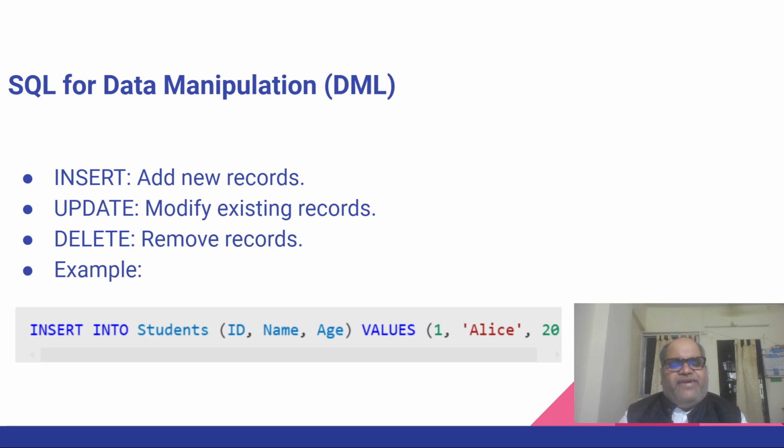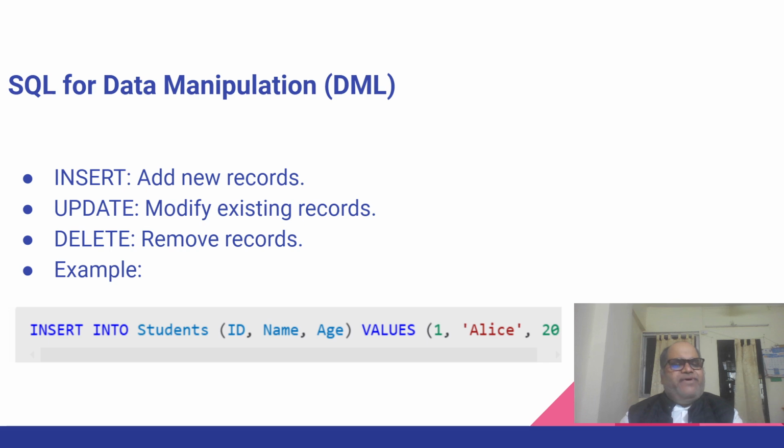While update helps you modify existing rows inside the table. And delete, rather than deleting the whole table or database, will help remove one or more rows depending on the condition and constraint.